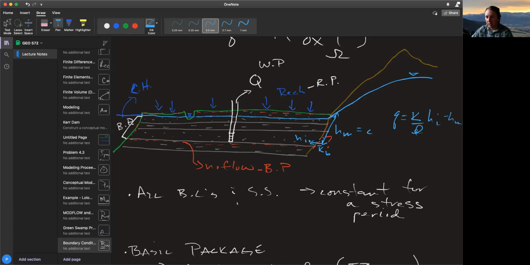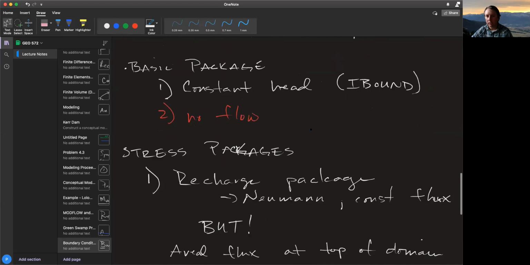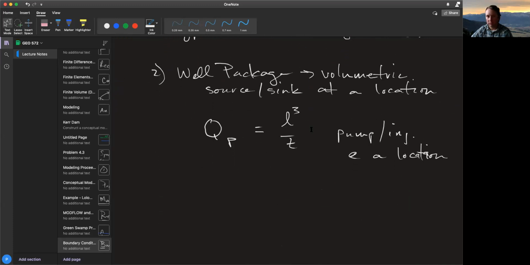So we can think about this as a conductance from the mountain and into the model domain. It depends upon the difference between the head in the mountain and in the model, and the conductivity of the bedrock, which controls how fast water can move in and out. And this is called the general head package.